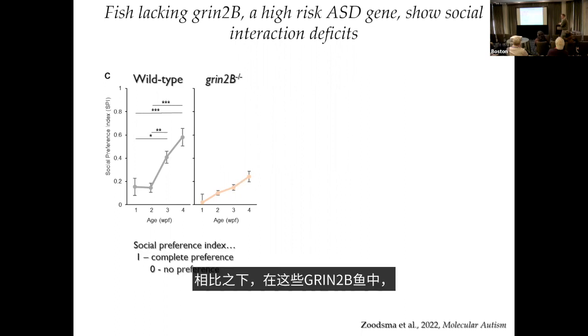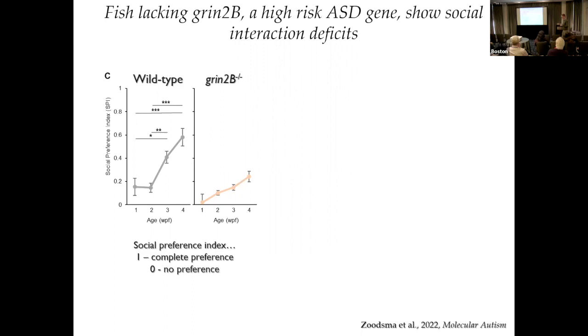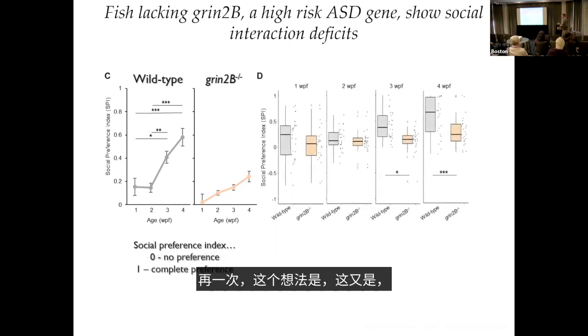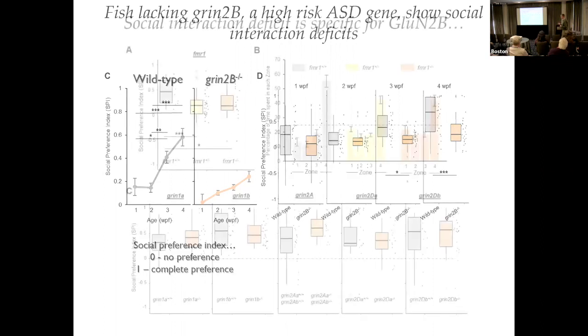In contrast, in these GRIN2B fish, so these fish who do not have the GluN2B subunit, they do not develop social preference, okay? And again, this is just another way to represent the data, so we can compare statistically. And again, we see this lack of development of social preference in these GluN2B knockout animals.